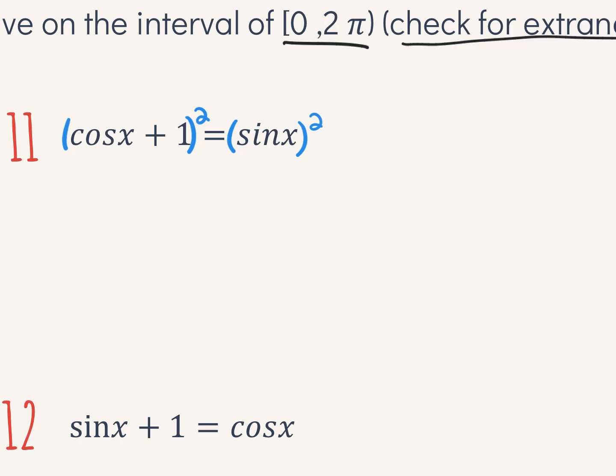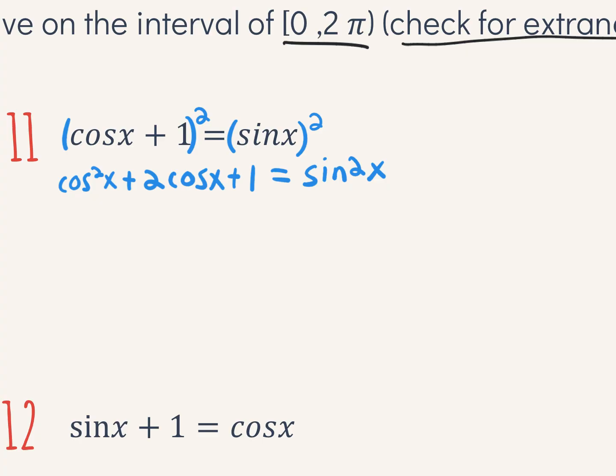The left-hand side, cosine x plus 1 squared, if you write it twice, you FOIL it, this is going to get you cosine squared x plus 2 cosine x plus 1. And then the other side just becomes sine squared x. All right, but again, you guys can have a look at your Pythagorean identities.